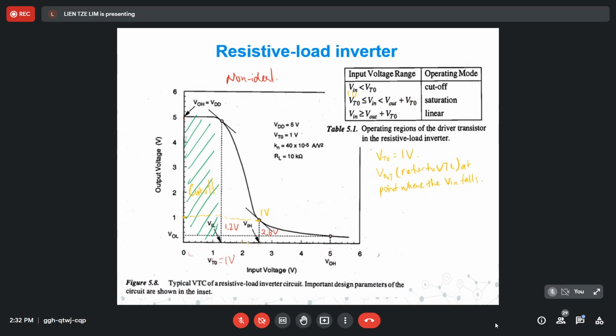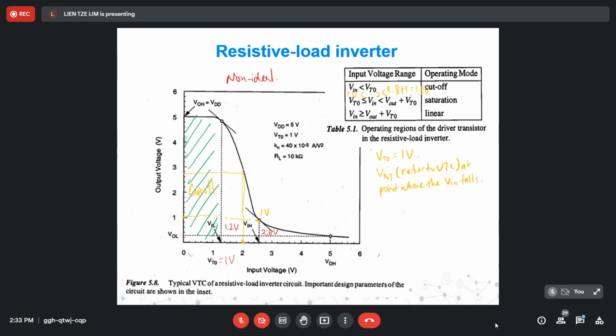Maybe I take this point at 2. At 2, roughly the V out will be 2.8. So 2.8 plus 1 is 3.8. Here the input is 2. I show you the values because I want you to understand what is meant by V out plus VTO.